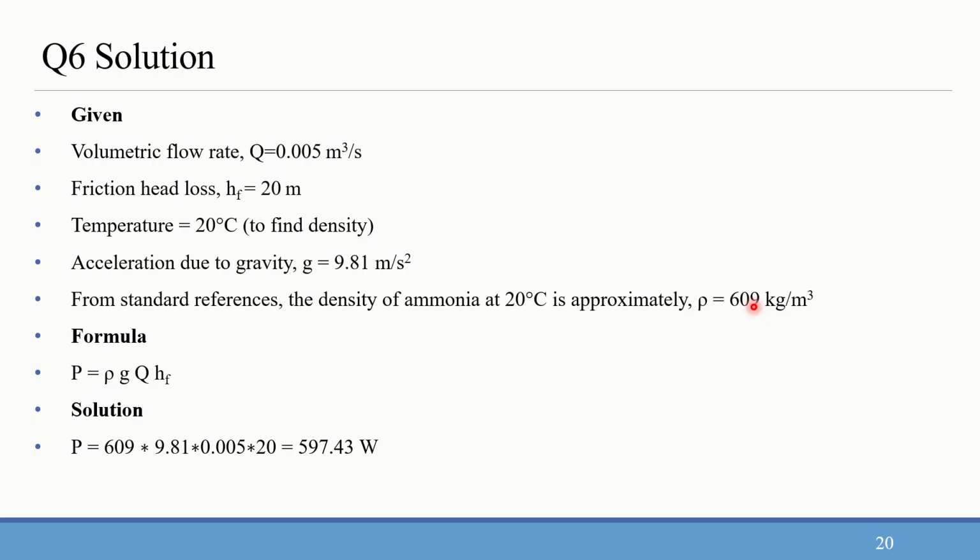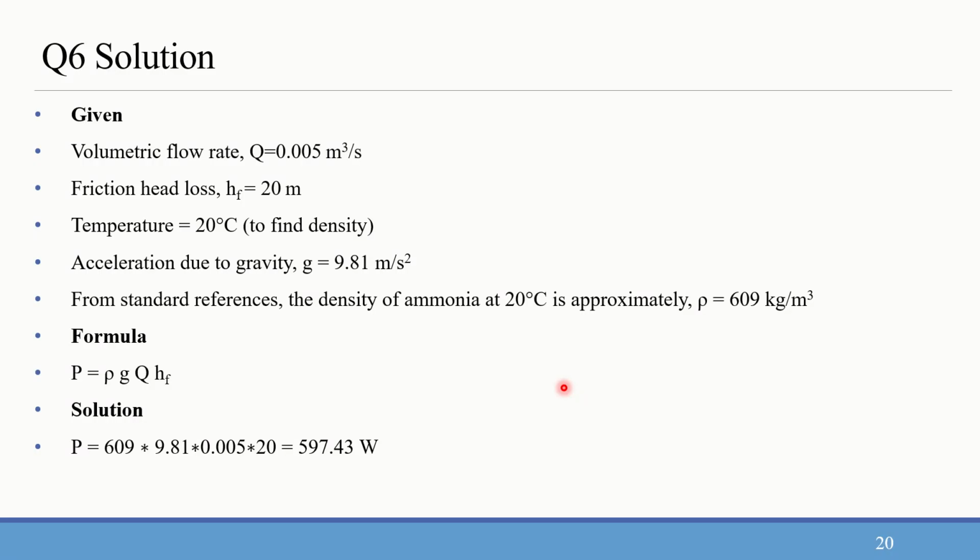Directly substituting all these values, 609 into 9.81 into 0.005 into 20 gives us 597.429, which we can round off to 597.43 watts.